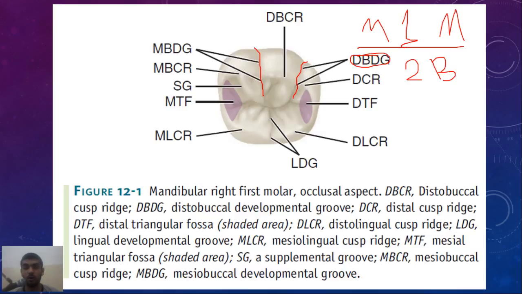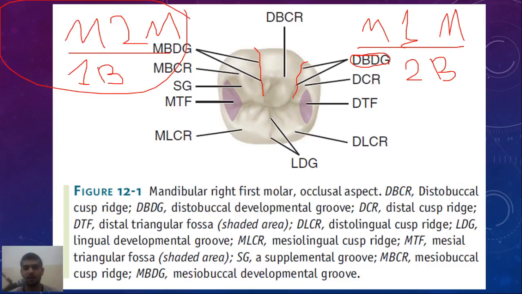And this is one of the differences from the mandibular second molar, which has only 1 buccal groove. Okay, let's keep this in mind.